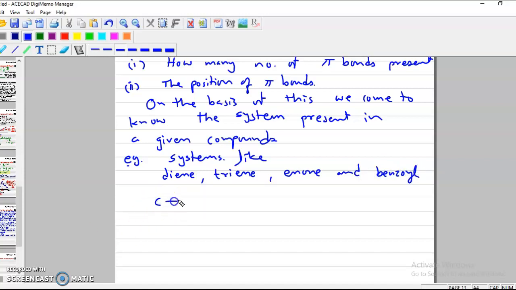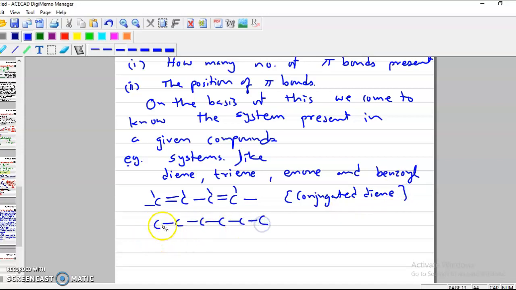For example, when there are at least two conjugated double bonds, conjugated means alternate double bonds, we call it a conjugated diene system. An extended diene system is also possible, like if more than 4 carbons are present in series, and if more than 2 alternate pi bonds are present, then we call it an extended diene system. Here it is called triene, but it is in fact an extended diene system.